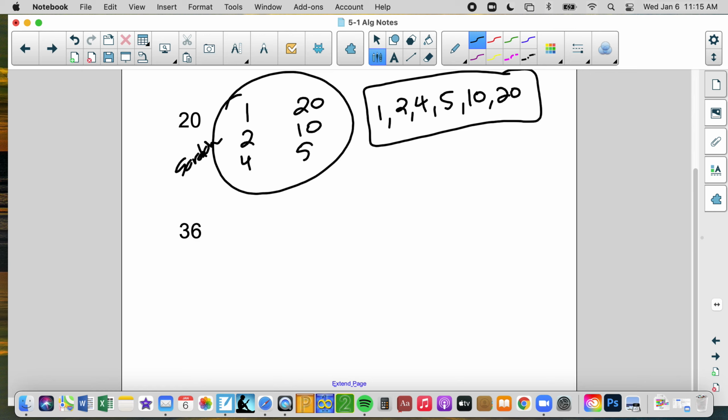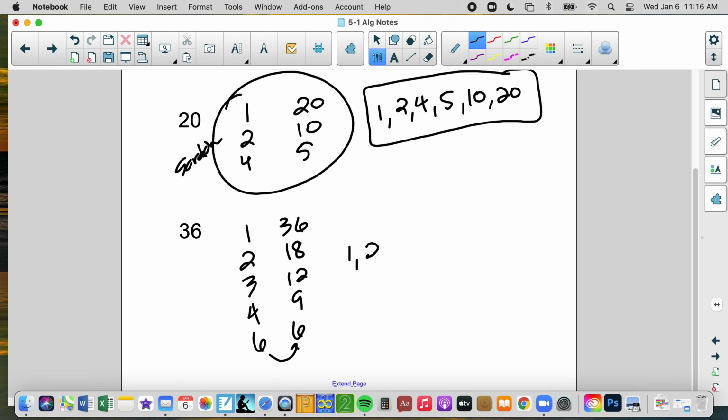So let's look at the problem number 36. So 1 and 36, 2 goes into it, 18, 3 goes into it, 12, 4 goes into it, 9, 5 doesn't, 6, and 6's factor pair is 6 itself. So I've gone around the horn. I don't have to do 7, 8, or any of those numbers up to 36 because I've already done that left side.